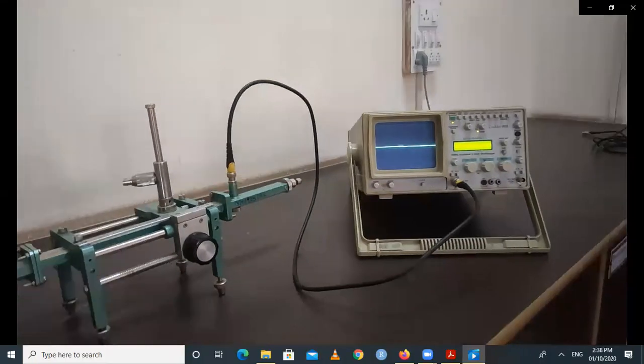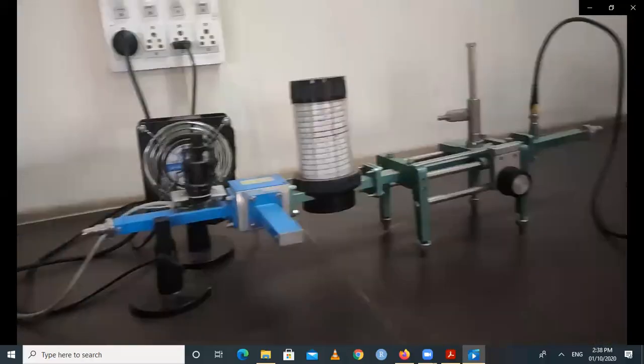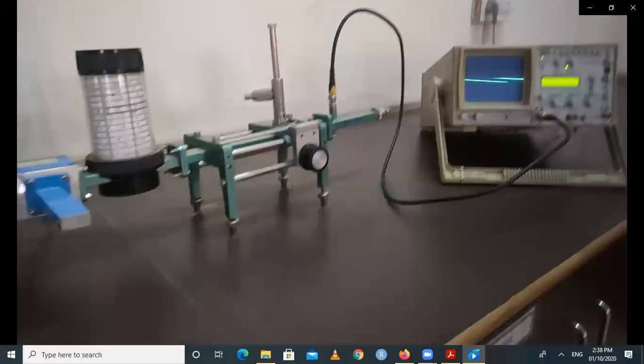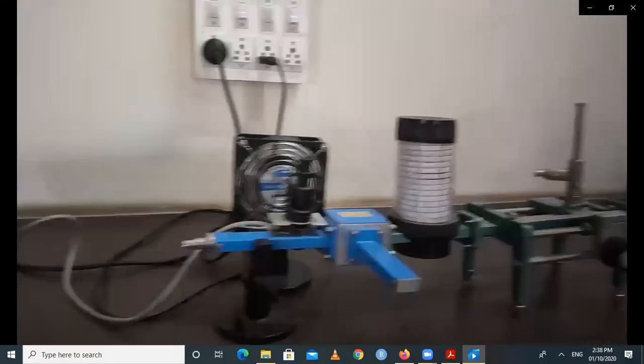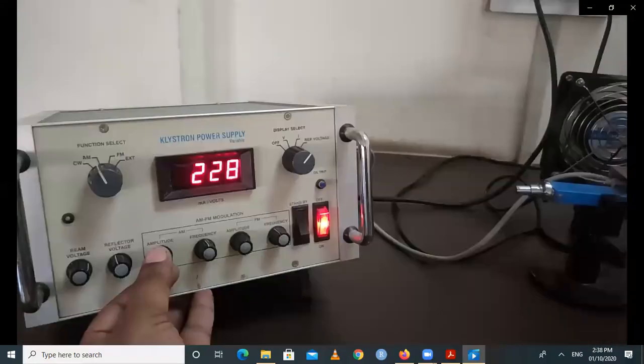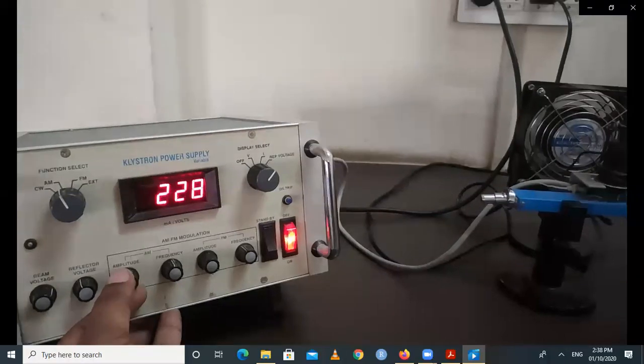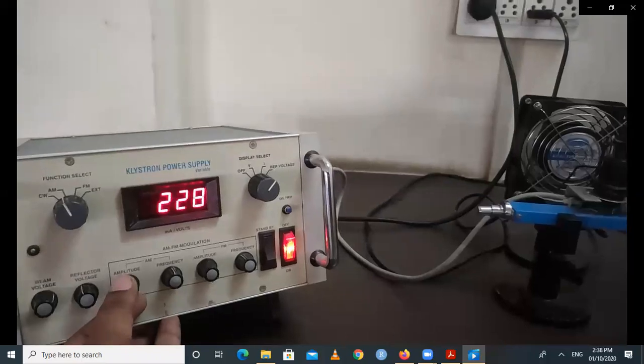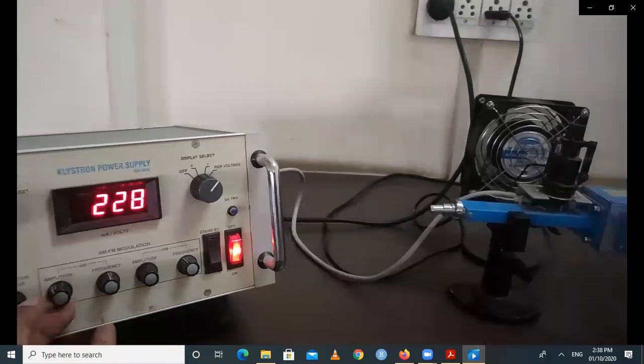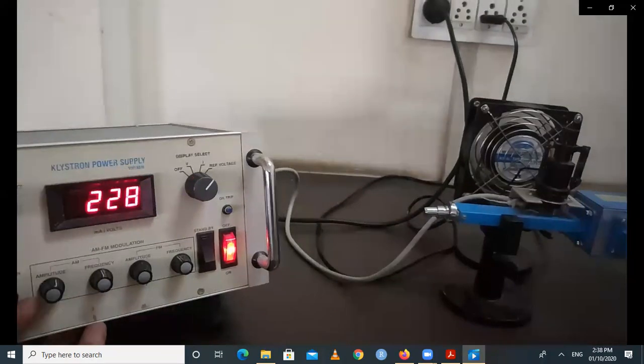the number of modes of a klystron, and for each mode you have to take 3 observations. So how you can take the 3 observations, I will show you here. Initially I will go on reducing the repeller voltage until I have a certain waveform on the CRO.